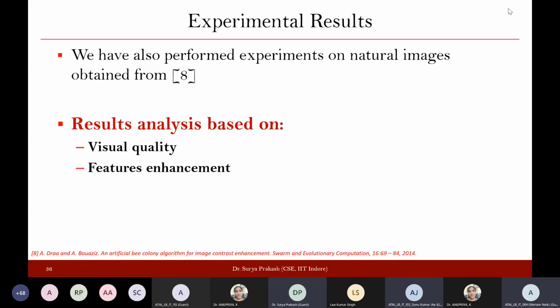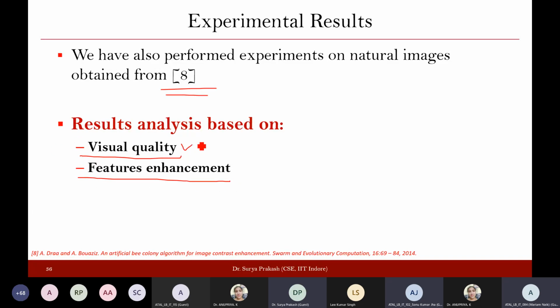Some of the images we have also obtained from this paper, because for comparison purposes we have taken some images from this particular paper. In the result analysis, we have analyzed the results in two ways.